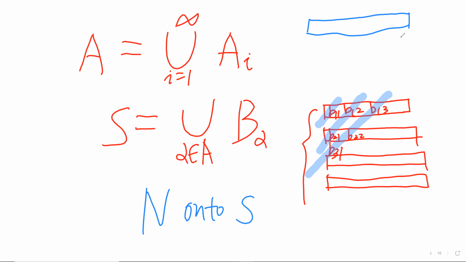But there are some positions where they both, or all of them, map to the same elements in S. How to address those issues? So you can find another mapping which is 1-to-1. How to do that? First, you find the first element.